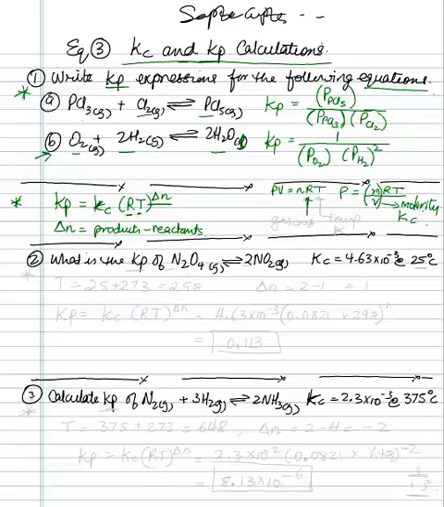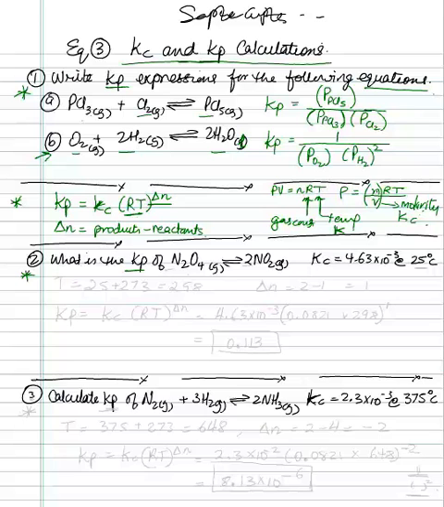The R and T are going to be the same for all the gases because you're doing the reaction at the same temperature, and of course R is the gas constant. So you don't have to worry about changing those two values. That's why we can use them right here in this equation. And then T is the temperature in Kelvin. Don't forget that. So you have to make the conversion there. So that is how we convert Kc into Kp or Kp into Kc, however you want to do this.